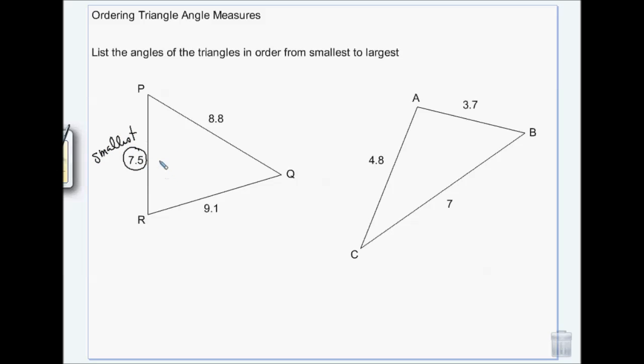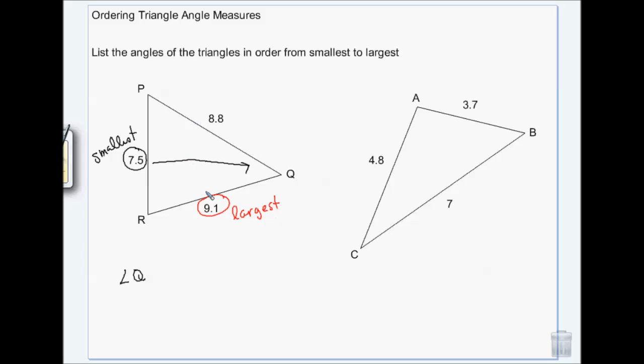And that is across from, wow, that's a terrible straight line. Okay, hold on. I'm having a problem with my lines. Okay, better. The smallest side is across from the smallest angle, so the smallest angle is going to be angle Q. And then we have the largest.